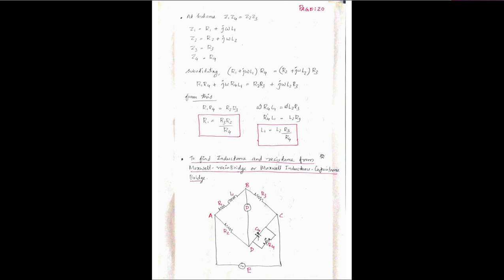In one arm R1 and L1 are placed, here R2, here R3, and here a capacitance and resistance are made parallel. We will derive the expressions for R1 and L1.